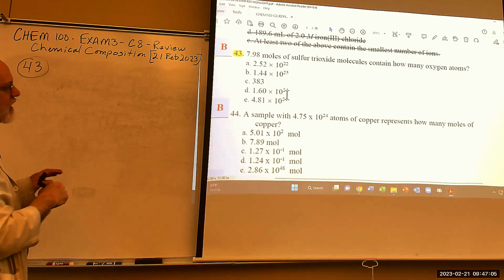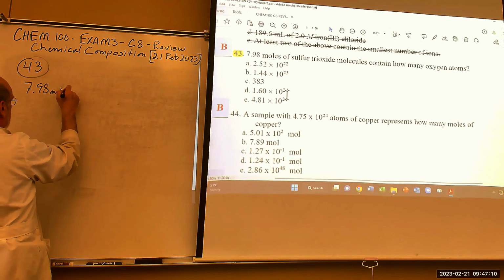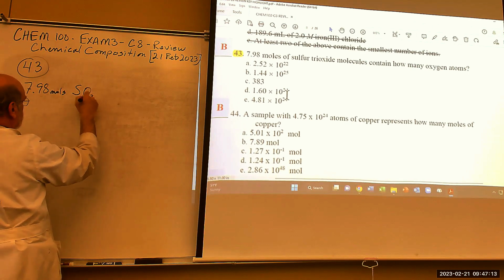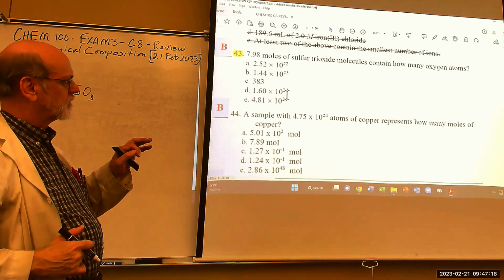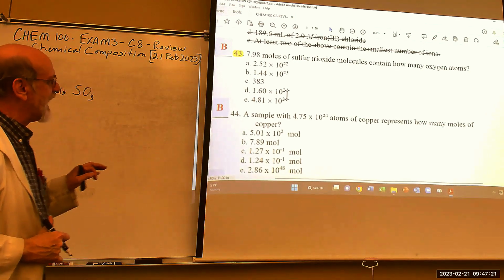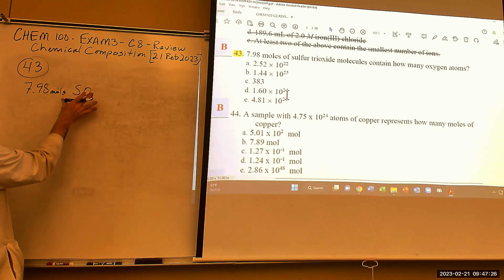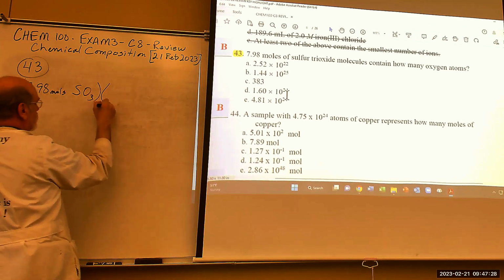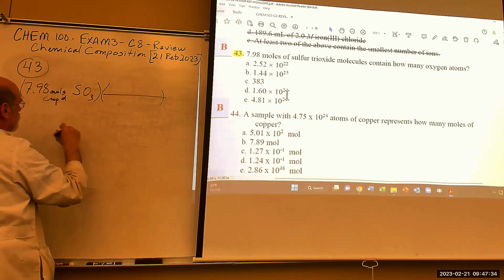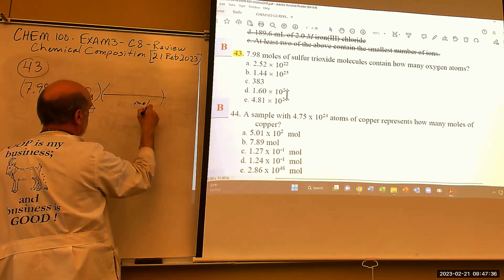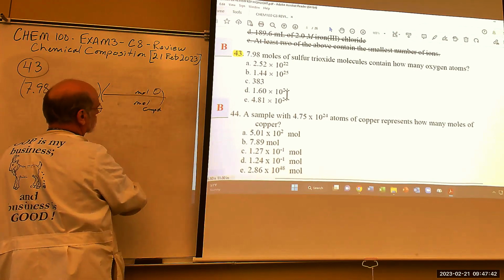7.98 moles of sulfur trioxide. We're given that. You have to write the compound, I'm pretty sure. Contains how many oxygen atoms? If this is so many moles of that compound, you need to convert moles of compound to moles of oxygen.